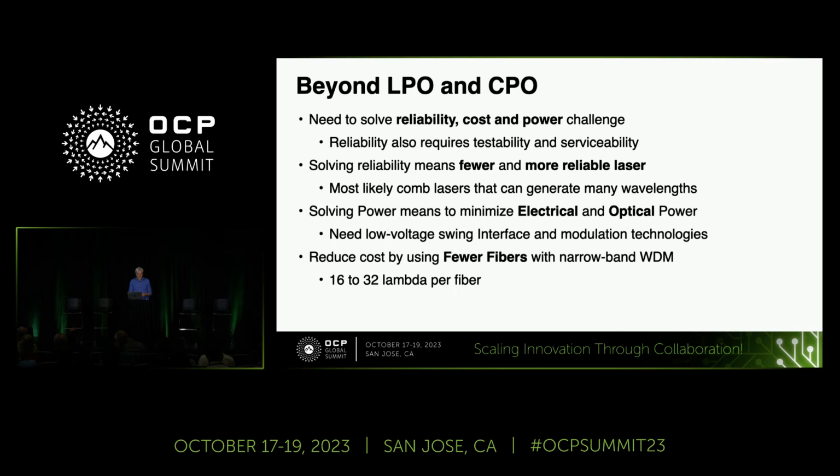Reducing the power issue means to minimize both the electrical and the optical power required to convert from the signal to the optical photons, which really means lower voltage swing interfaces, lower voltage swing modulation technologies. And reducing cost means higher integration and fundamentally fewer fibers with most likely a narrowband WDM approach, something like 16 to 32 lambdas per fiber.